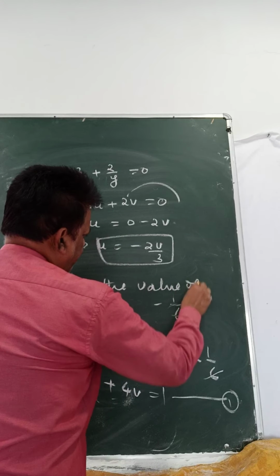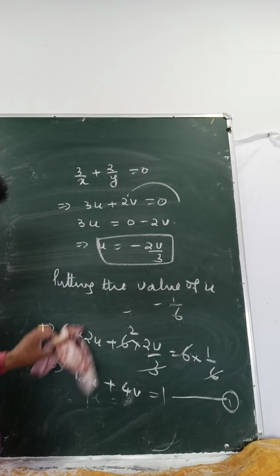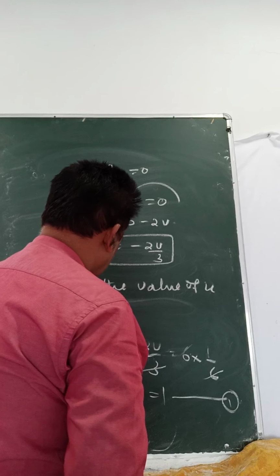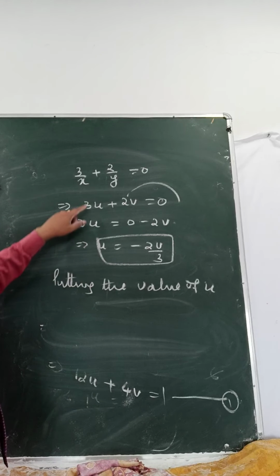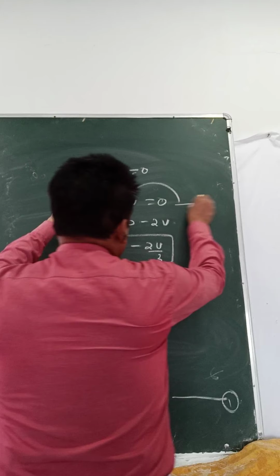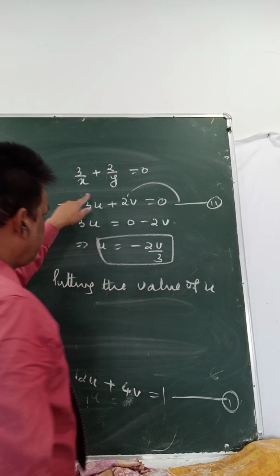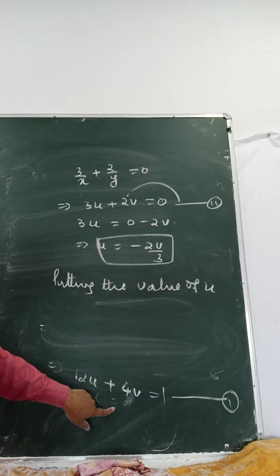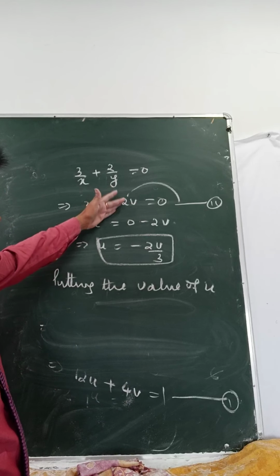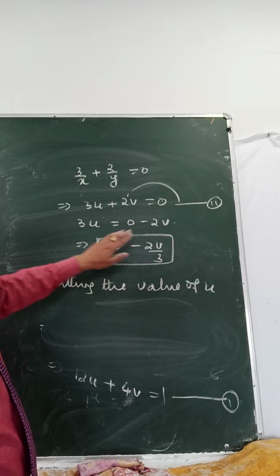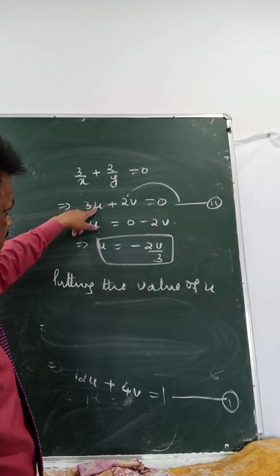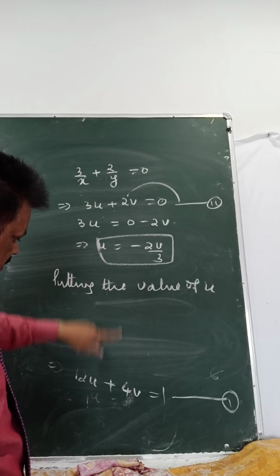Putting the value of u. Where are you going to put it? This is your second equation. If you got u from the second, put it in the first. Or if you got u from the first, then put it in the second. You can do it either way. So I found u from the second, so now this u I will put in the first.